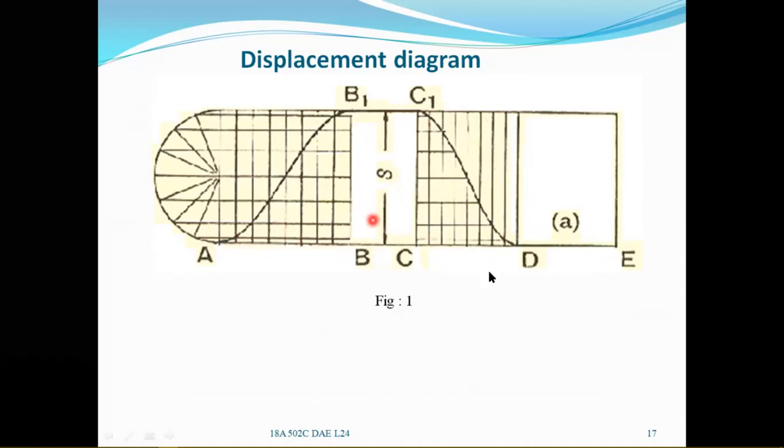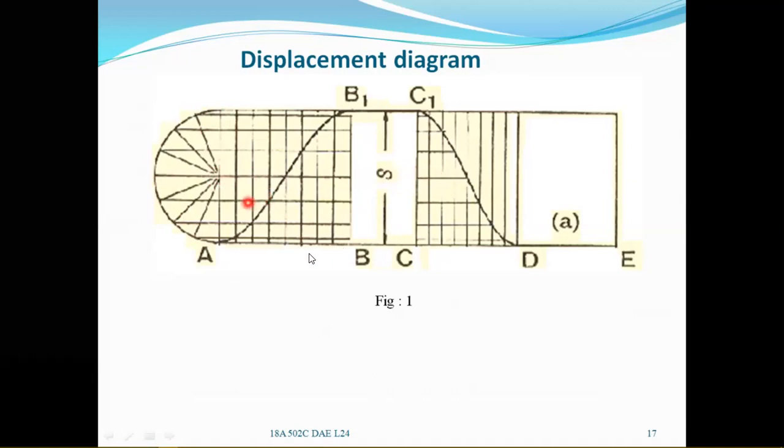In between the outstroke as well as the return stroke, divide this stroke length, or displacement or lift of the follower, into half. Then with half of the stroke as the radius, and the middle point of the stroke as the center, draw a semicircle and divide this semicircle into the same even number of equal parts as done in the outstroke as well as the return stroke.